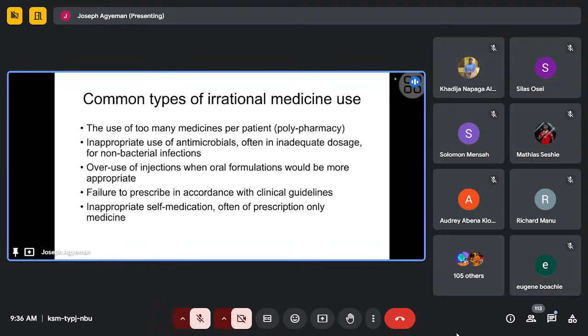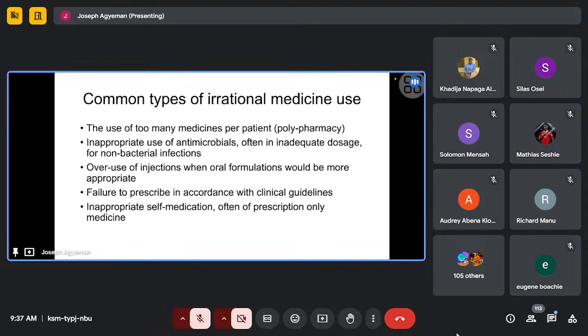The drugs that are recommended are normally selected from the essential medicines list, which are also based on evidence on safety, efficacy, and even cost effectiveness. So why are you doing your own thing? You follow the clinical guidelines, you are less likely to make mistakes. The patient benefits. Then inappropriate self-medication, especially when you use prescription-only medicines.